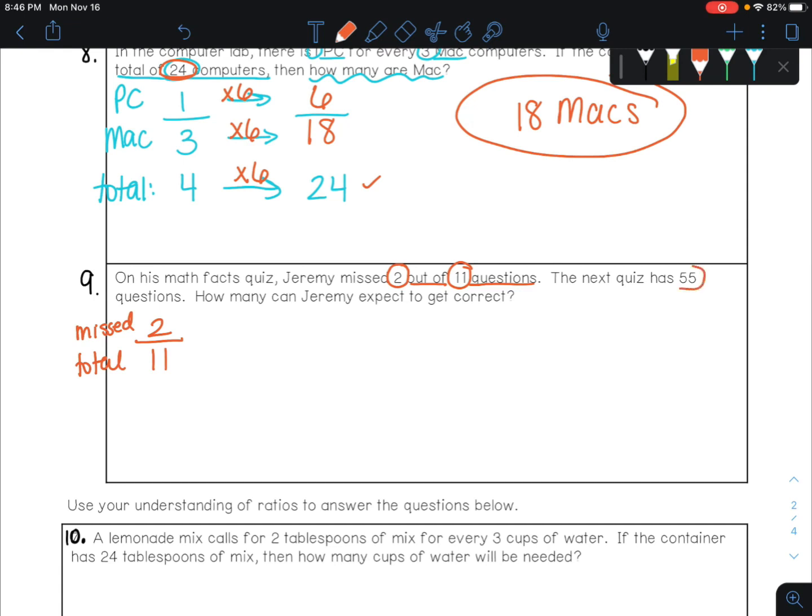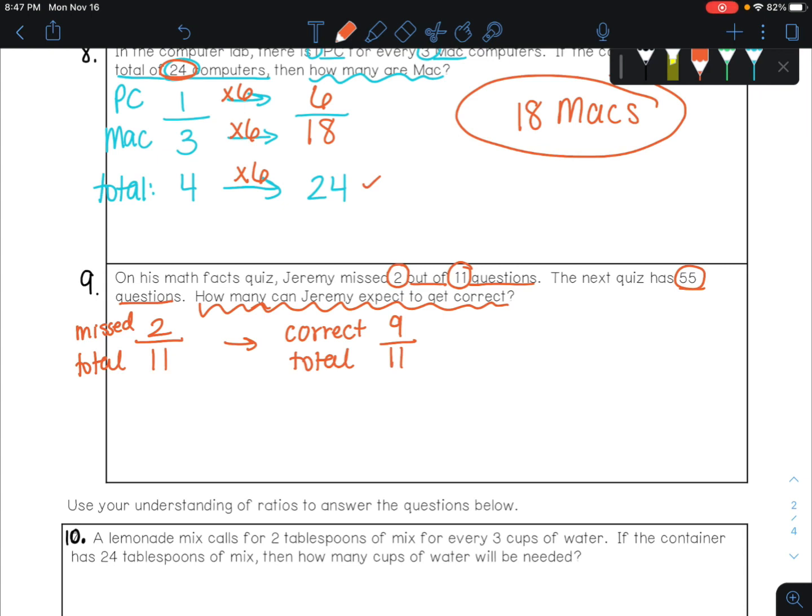The next quiz has 55 questions. How many can he expect to get correct? Okay, we have to change this. If he missed 2 out of 11, that would mean that he got correct the other 9 out of 11.